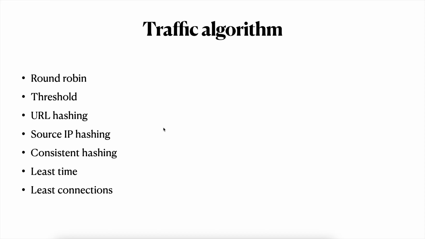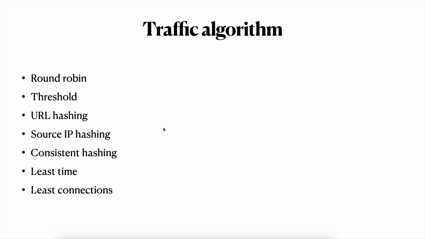Load balancers use a lot of algorithms internally to manage the traffic, to distribute traffic across the instances, across the services. So here are the common algorithms, for example, round robin, threshold, URL hashing, IP hashing.